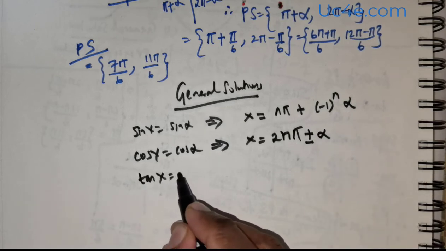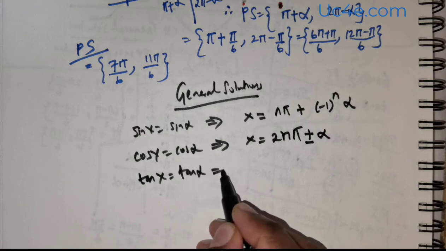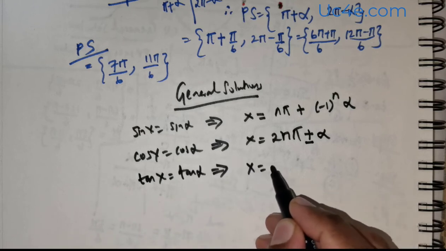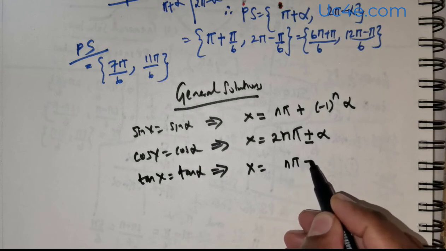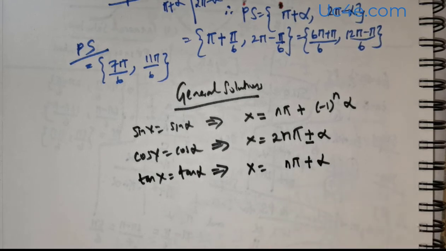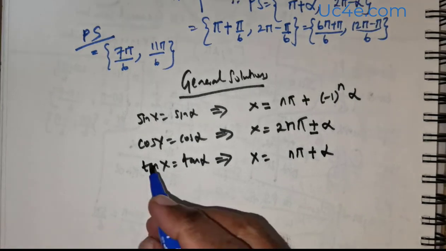When tan x is equal to tan alpha, x is given to be n pi plus alpha.